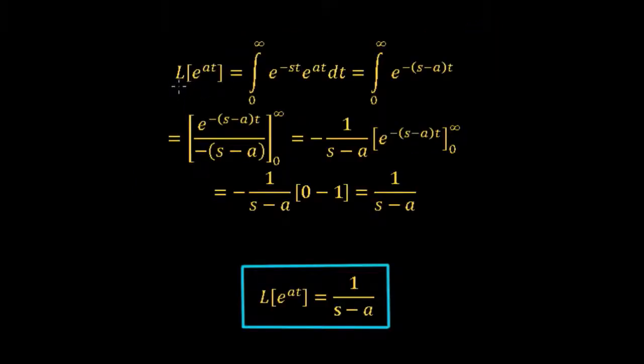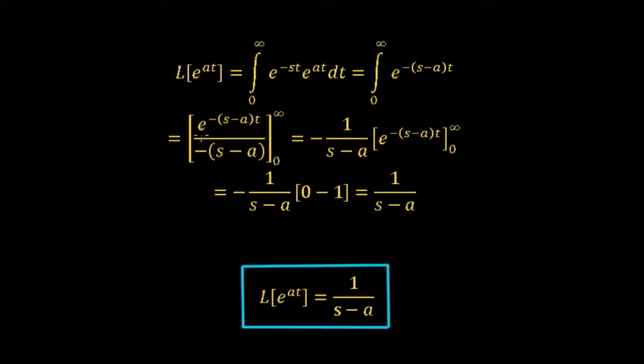So here's the solution. The Laplace transform of e to the at is equal to the integral from 0 to infinity of e to the minus st times e to the at dt, which equals the integral from 0 to infinity of... Now we'll take the common factor of minus t out, and we'll be left with s minus a. So whenever we integrate that, as we've seen in the previous example, all that happens is the exponent comes down underneath.